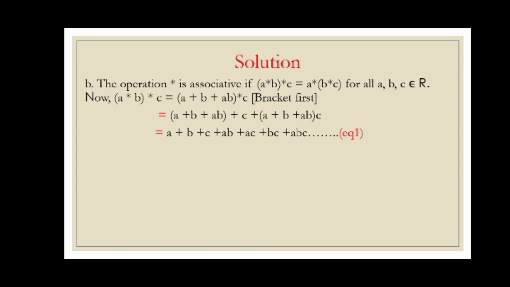Okay, so that's the first one. Also, A star outside into bracket B star C gives us A outside into bracket B plus C plus BC. This time it is B star C, so we are not seeing A plus B plus AB.